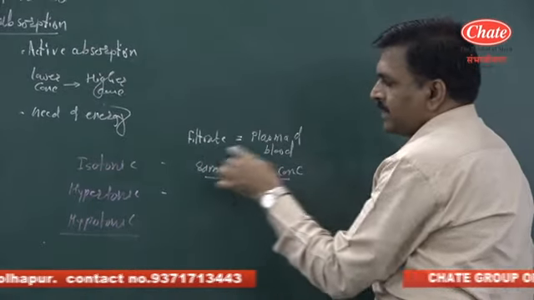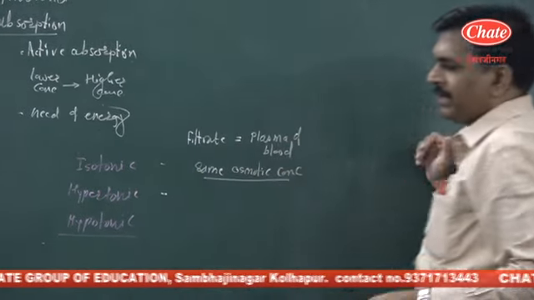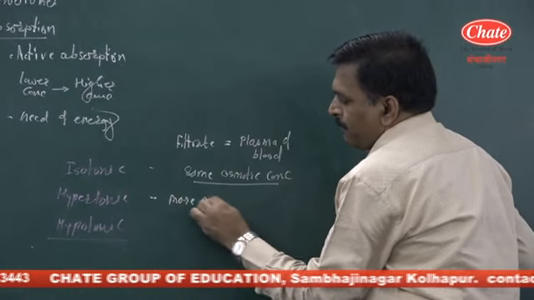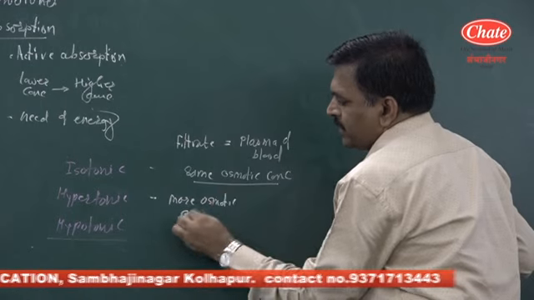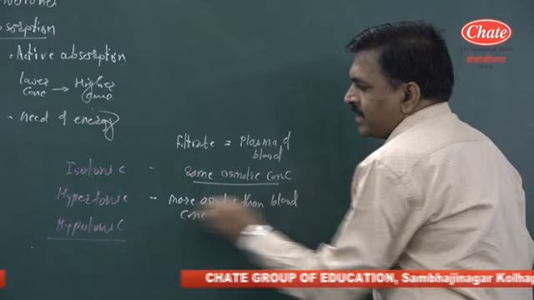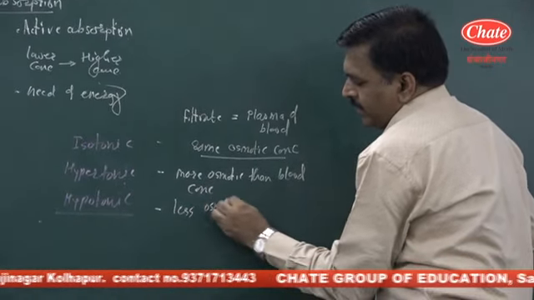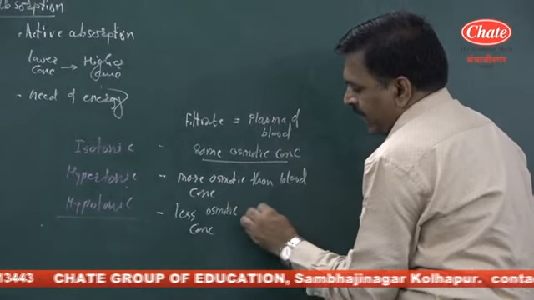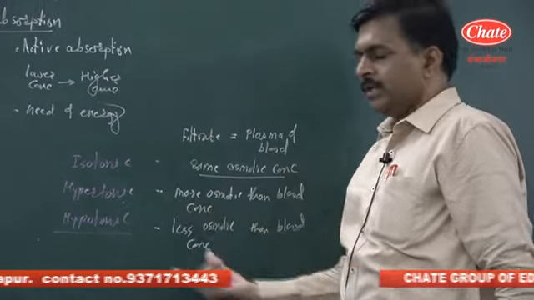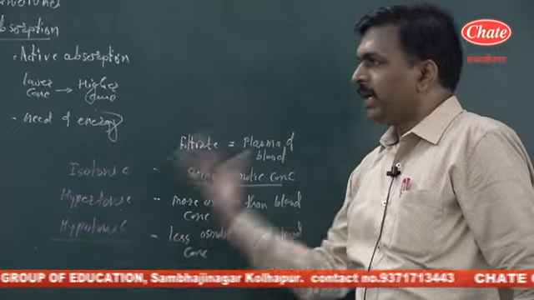If the filtrate has more osmotic concentration than blood, it is termed hypertonic, while if it has less osmotic concentration than blood, it is termed hypotonic. So these are the three conditions: isotonic, hypotonic and hypertonic.